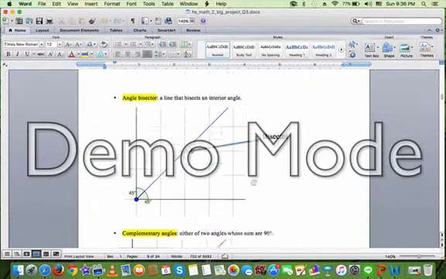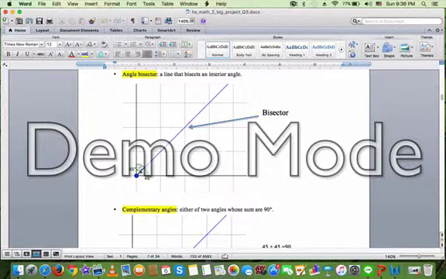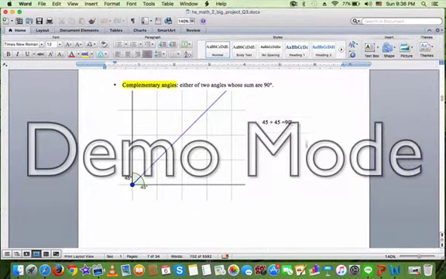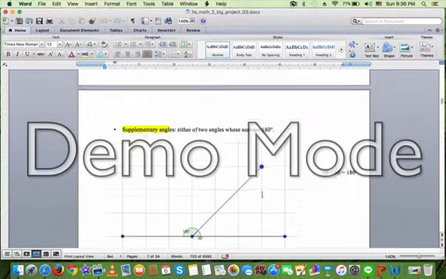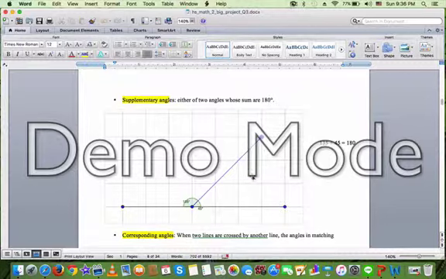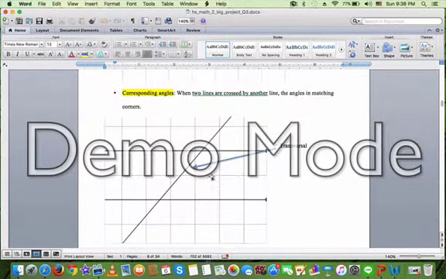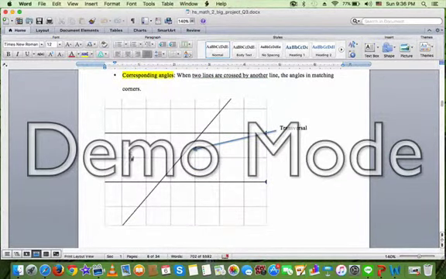A perpendicular bisector of a segment is the line that cuts through the line segment. And the angle bisector is this line. Complementary angles are two angles that add up to 90 degrees.